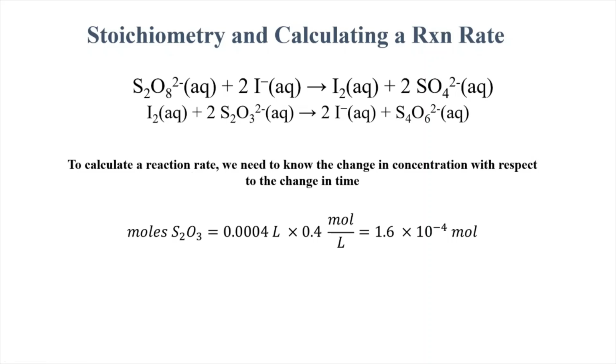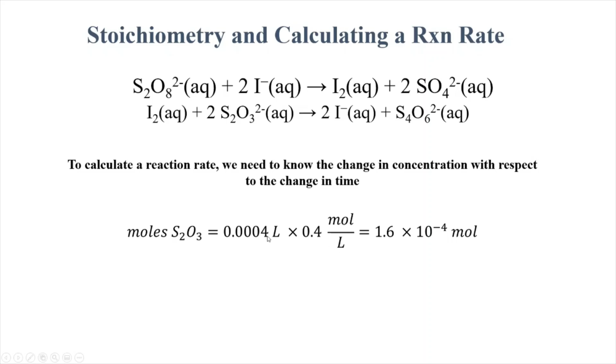So the first thing we need to do is figure out how many moles of sodium thiosulfate we are consuming between each of those color changes. To do that, we know that each aliquot of the sodium thiosulfate is 0.4 milliliters, or if you convert that to liters, 0.0004 liters. And the concentration of that is 0.4 moles per liter.